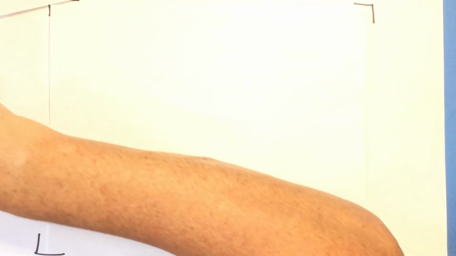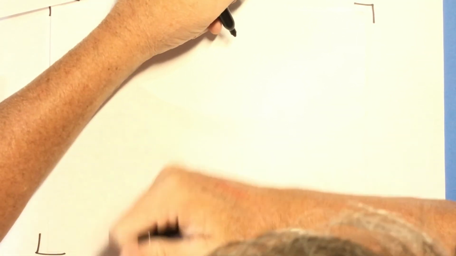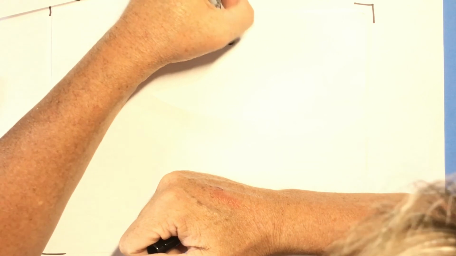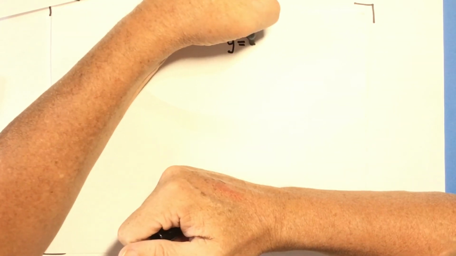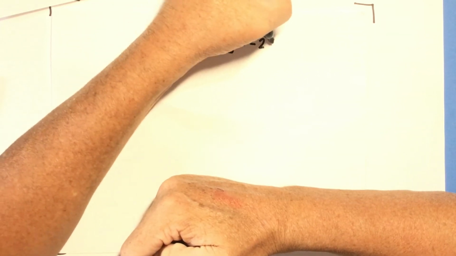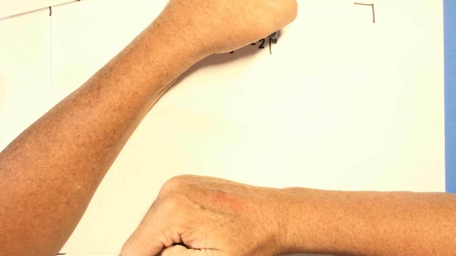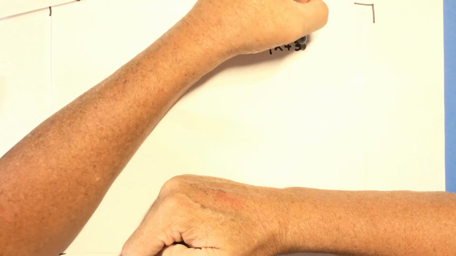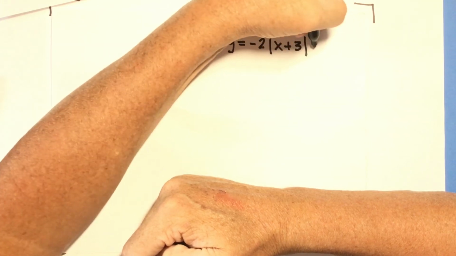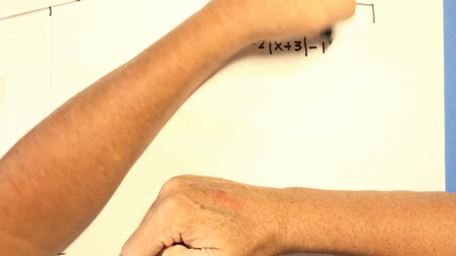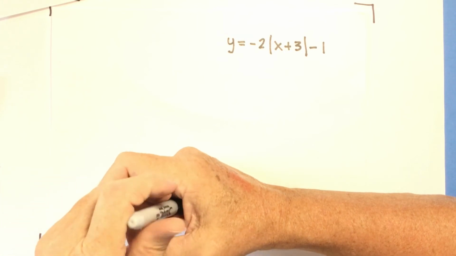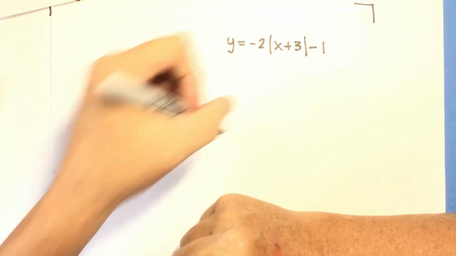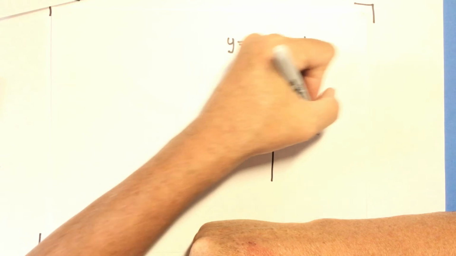Let's do this. Let us graph y equals negative 2 absolute value of x plus 3, minus 1. Okay. Let's graph that right here.